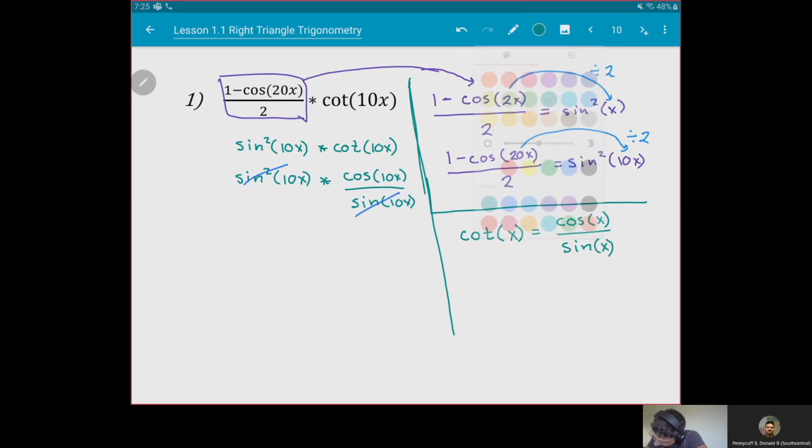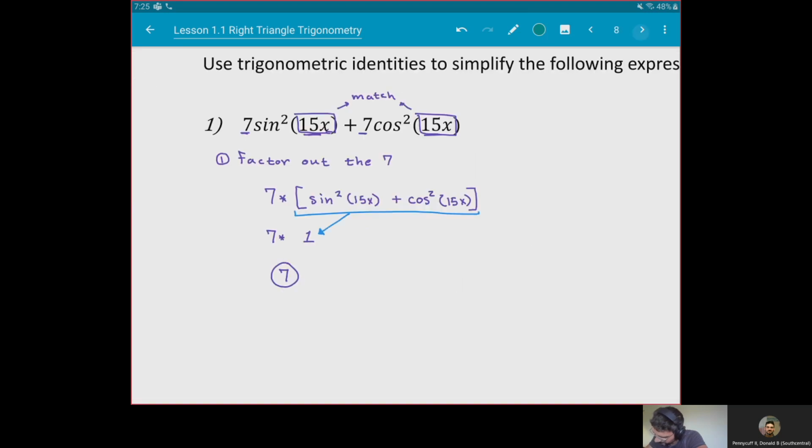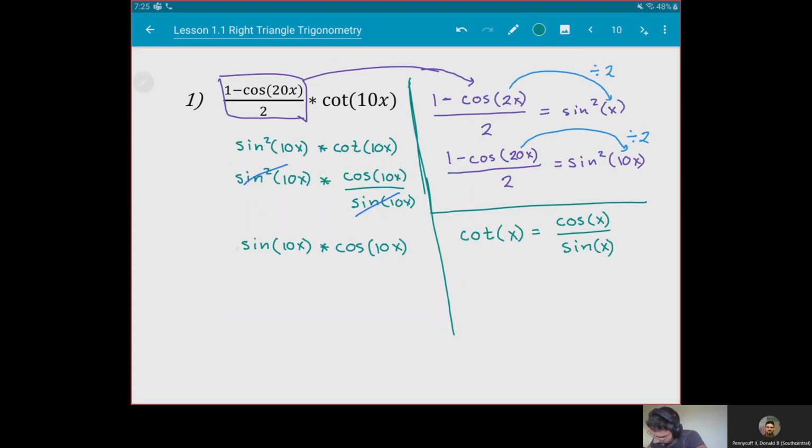And this gives me sine 10x times cosine 10x. And there's even a formula for that if you get online and look for that. I do not think I have that on here, so I'm going to stop right there. But there is actually a formula that shortens that completely.